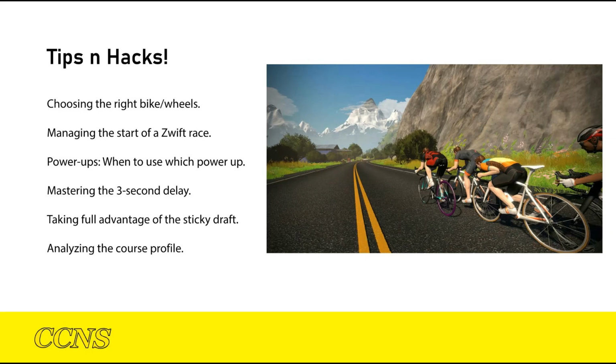So if you hammer right out of the gate, that's totally fine. But it's not good to be at the very front if you're going very fast, because to maintain that position takes a lot of power. While you're accelerating from 0 up to 20, 25 miles an hour, totally fine. But once you get up to that speed, don't be afraid to let some guys or girls come around you.